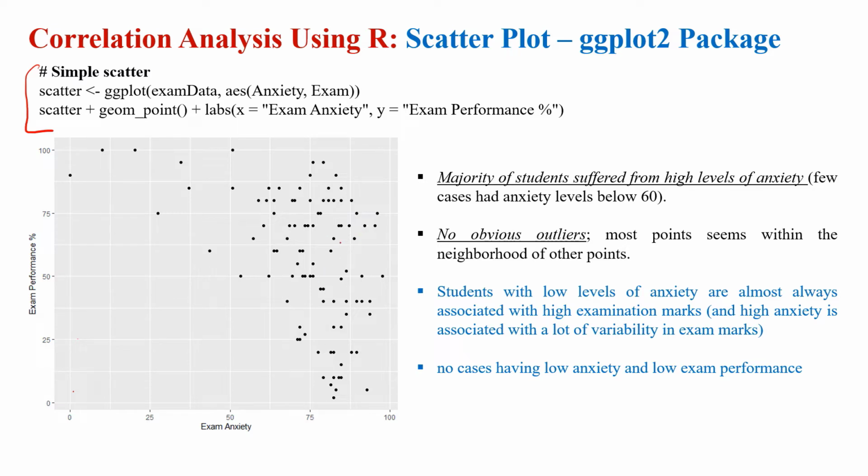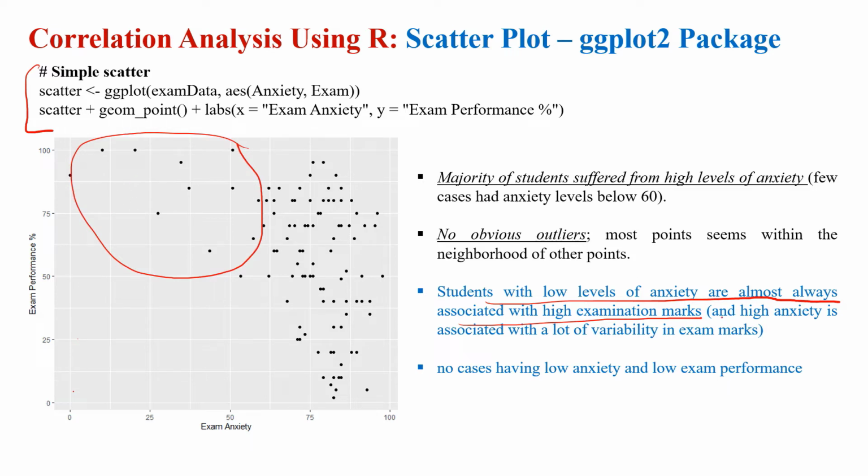The next thing we can see is that students with a low level of anxiety are almost always associated with a high exam mark score. So if your anxiety level is low, your exam performance is quite good.